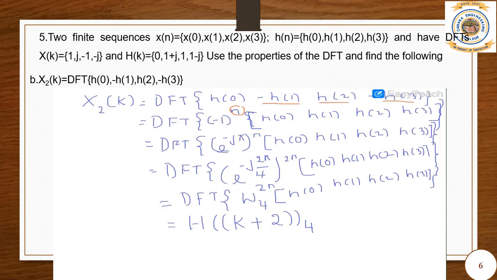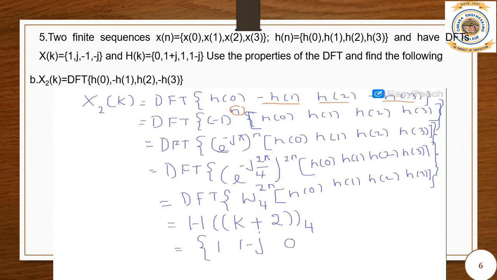That gives you, when k value is equal to 0, it is h of 2. So h of 2 is given by 1. When k value is equal to 1, it is h of 3, it is 1 minus j. When k value is equal to 2, it is h of 4, that is h of 0, so you get this as 0.